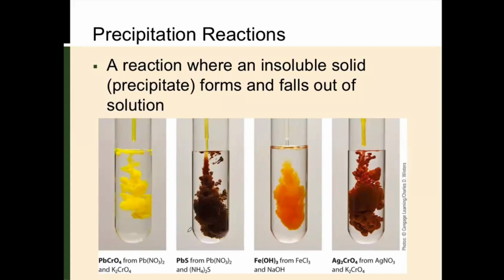Then we have lead sulfide from lead nitrate solution being added to ammonium sulfide. Iron hydroxide from iron chloride and sodium hydroxide. And here we have silver chromate, which is insoluble, formed from silver nitrate and potassium chromate.